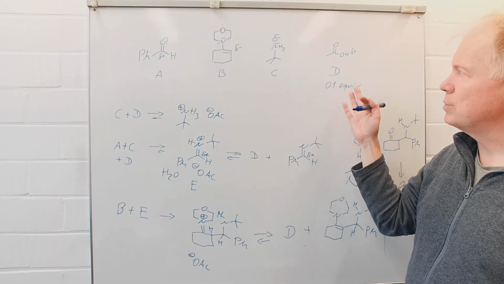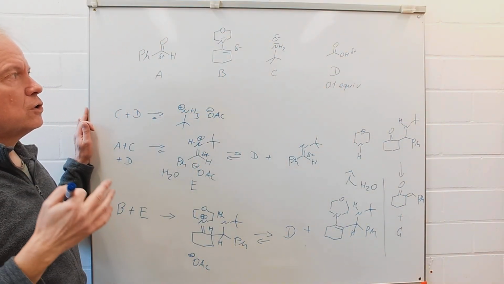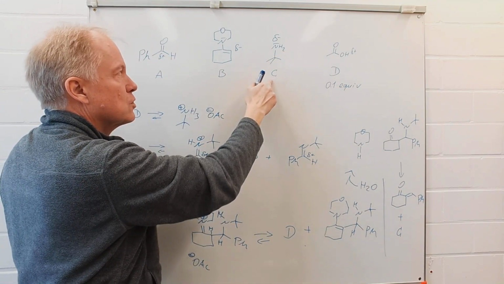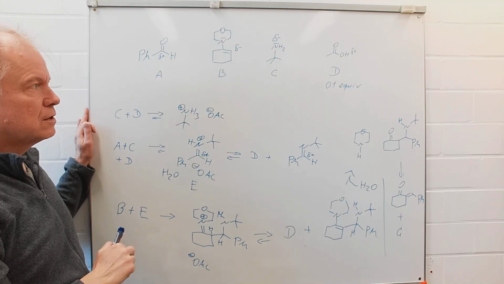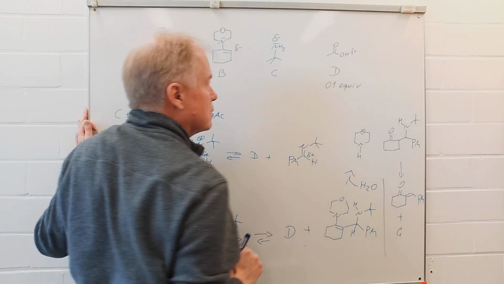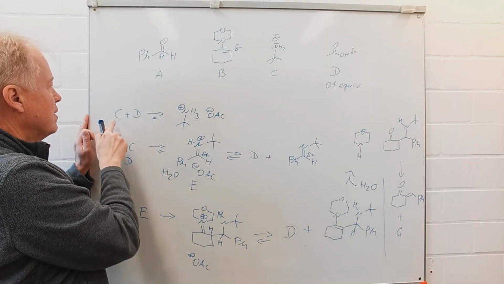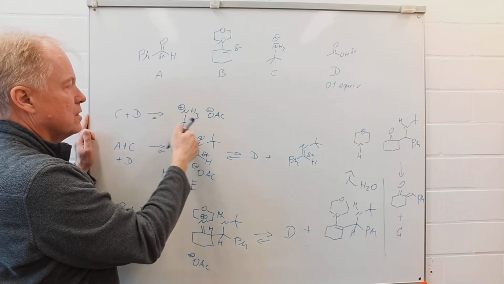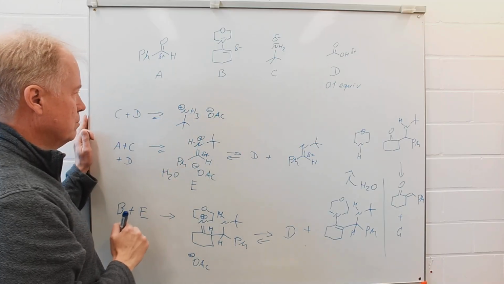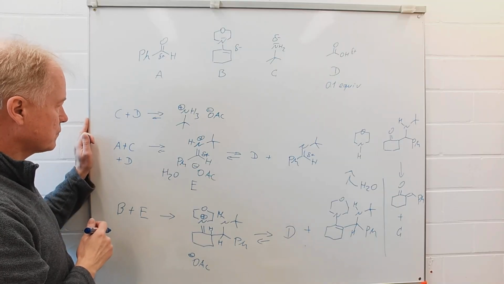So let's think about what is the strongest nucleophile here in this mixture. It's compound C. And what is the strongest electrophile? Well, it's that proton here, compound D. C plus D will give a salt, an ammonium salt, ammonium acetate, in equilibrium.